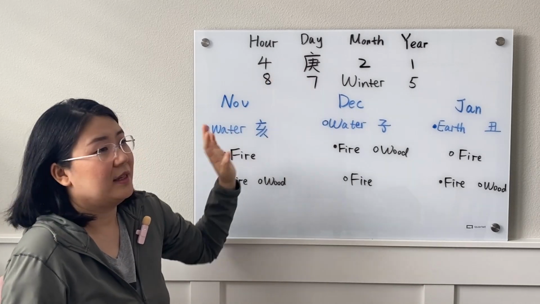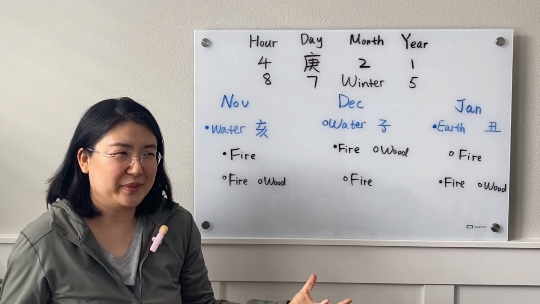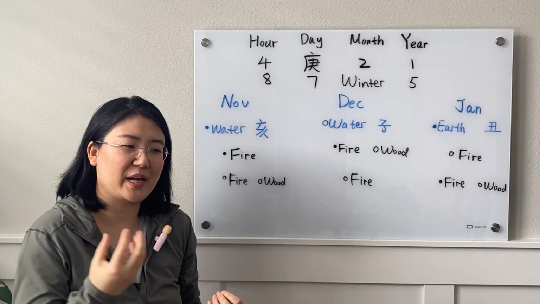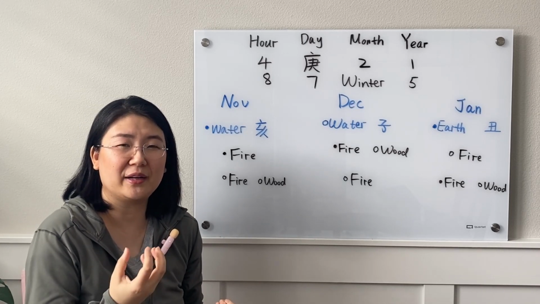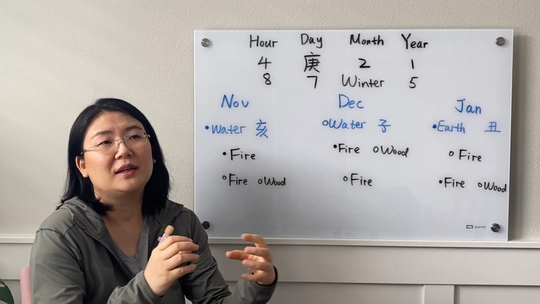In that case, young metal's number one friend out of all the elements is Yin Water, because Yin Water represents this constant temperature and sustainable fire source to refine this big mineral rock.